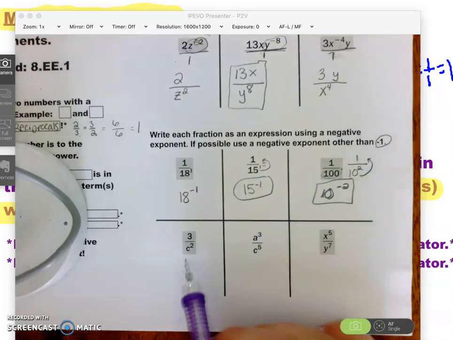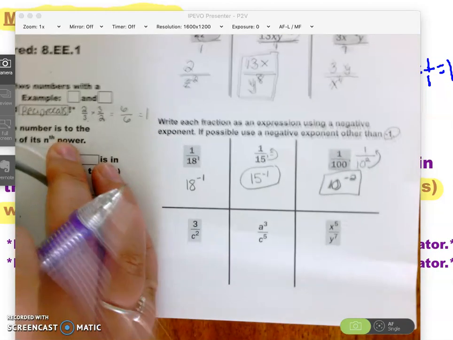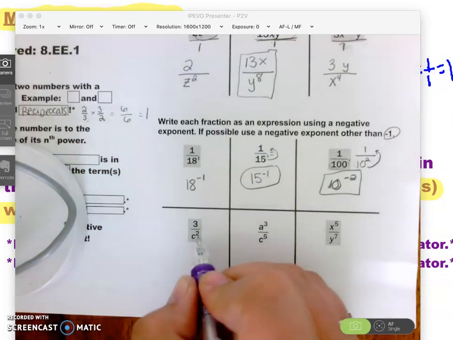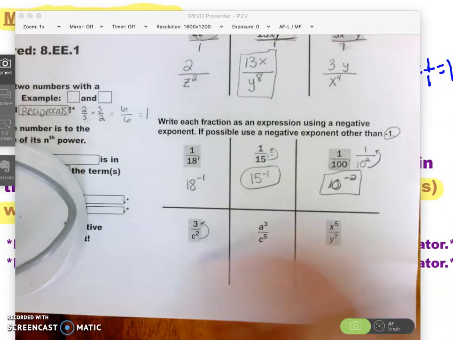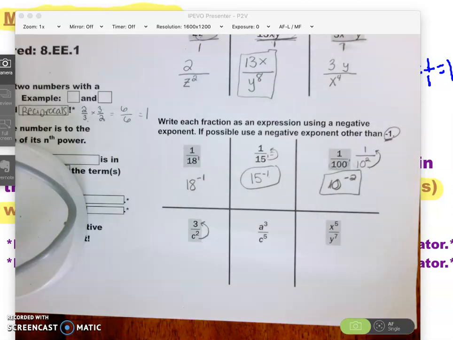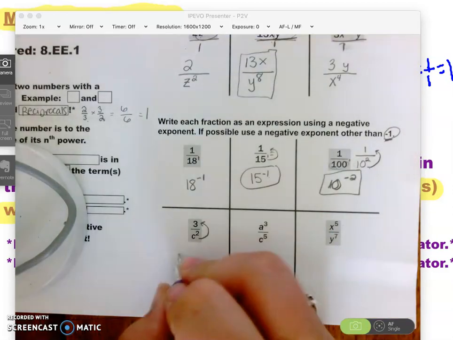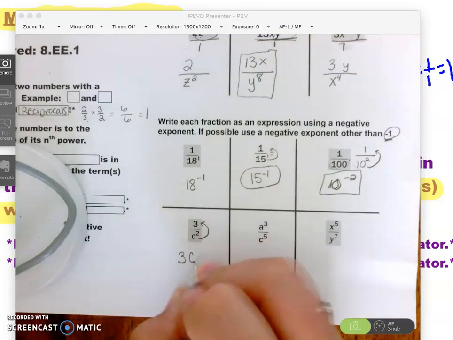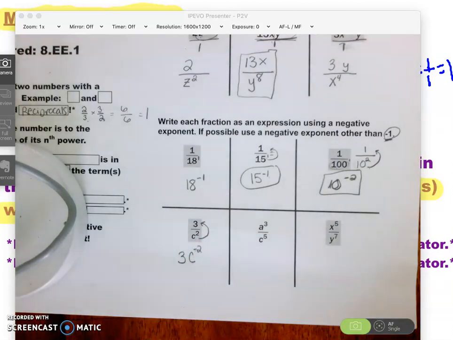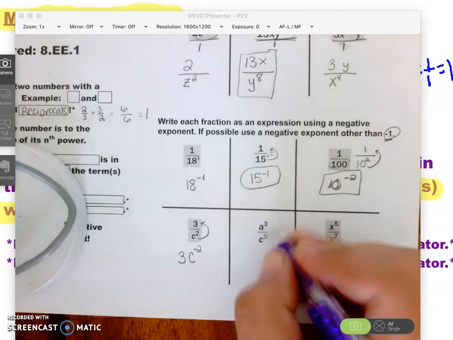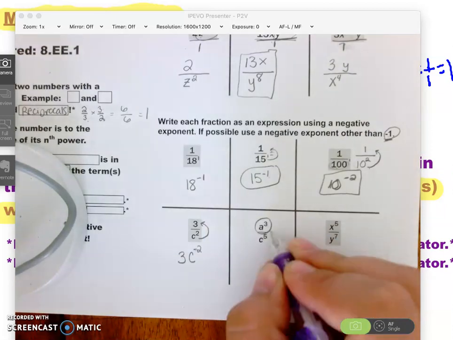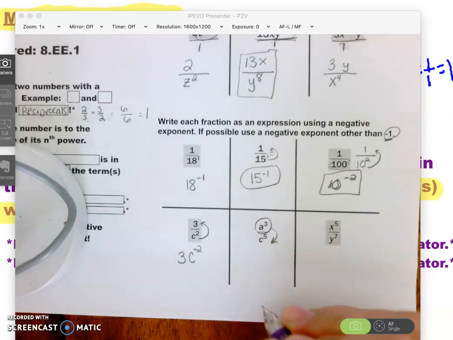Okay, this one is a little more difficult. We have a c to the second power. Well, I want to move it to the top because I want to get using negative exponents. So I have 3c, and now it's going to be a negative 2. Okay, if I have this a to the third and I want to make it negative, I just put it below.